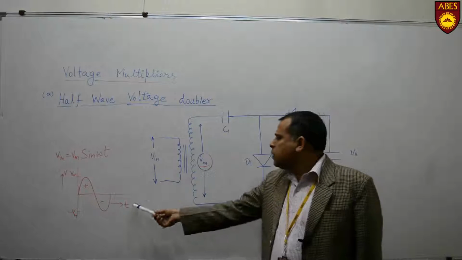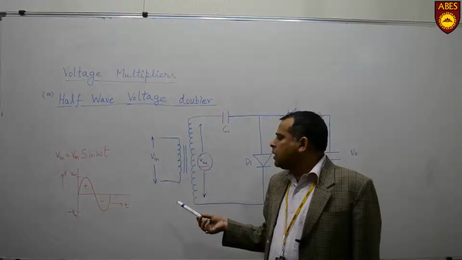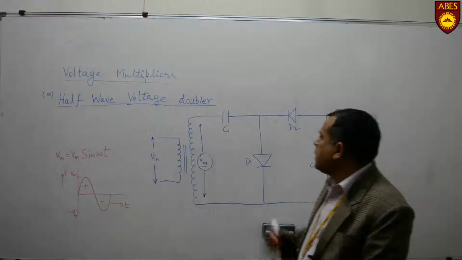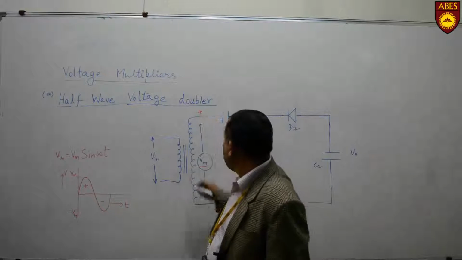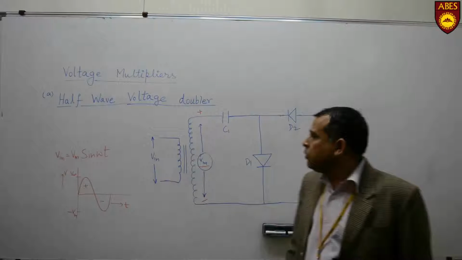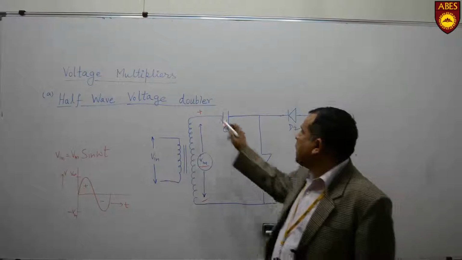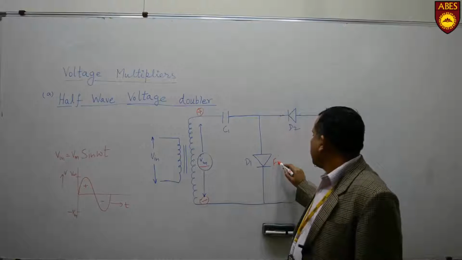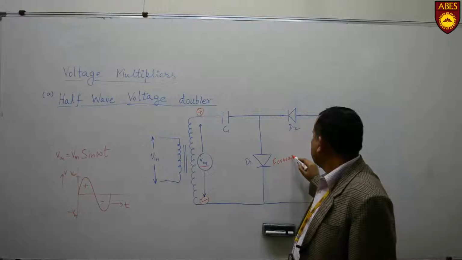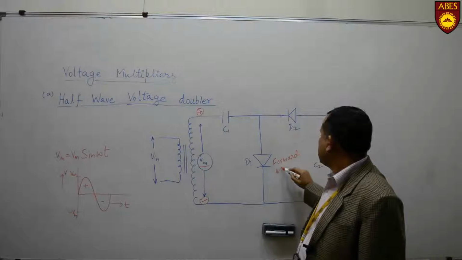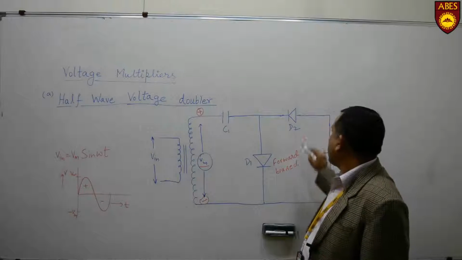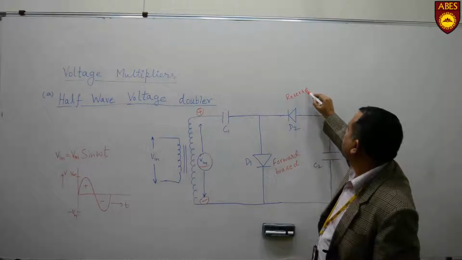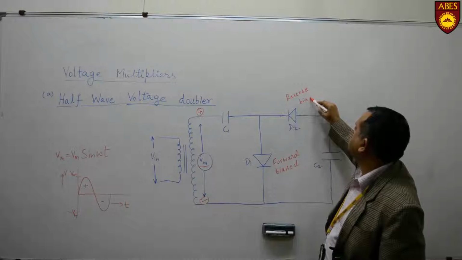When this input is applied and the positive half cycle appears, this terminal will become positive and this terminal will become negative, and these polarities will make this diode forward biased and this diode reverse biased.